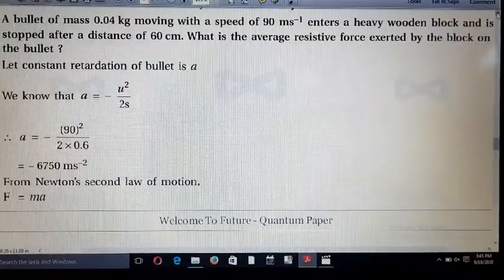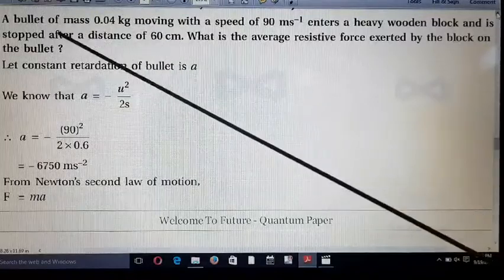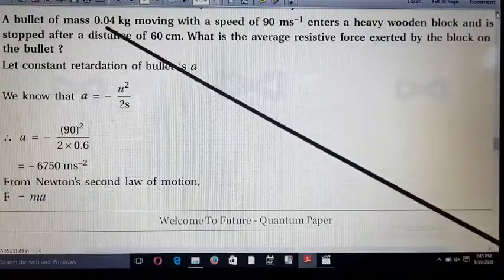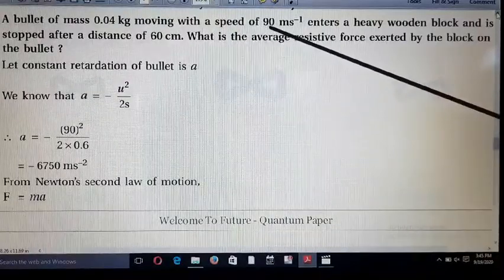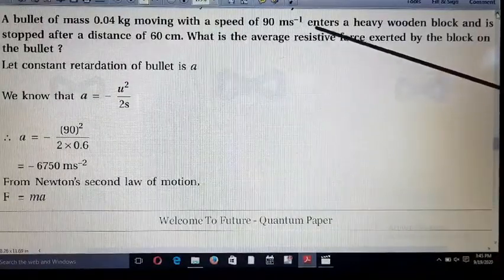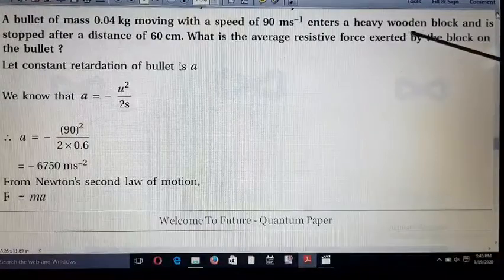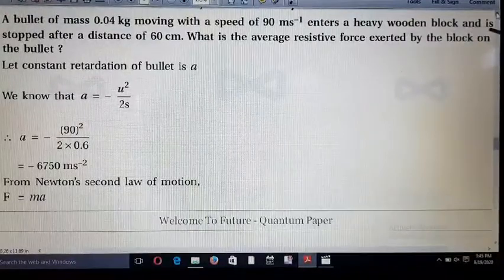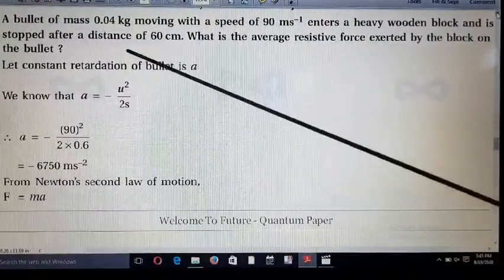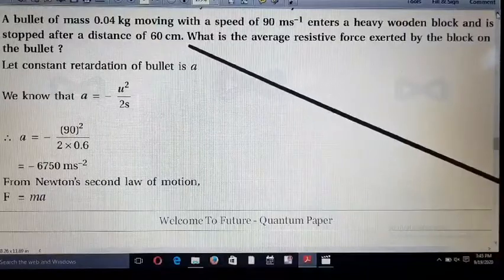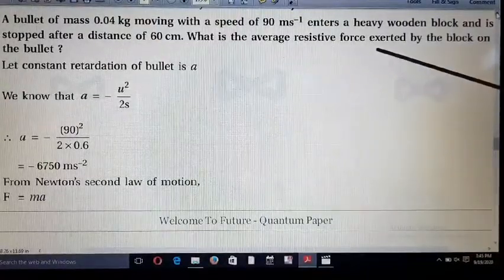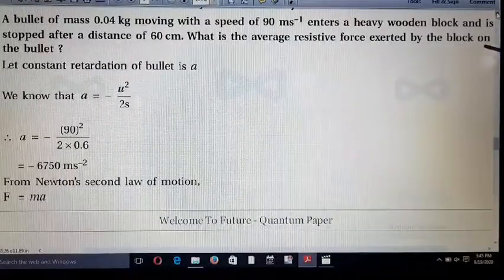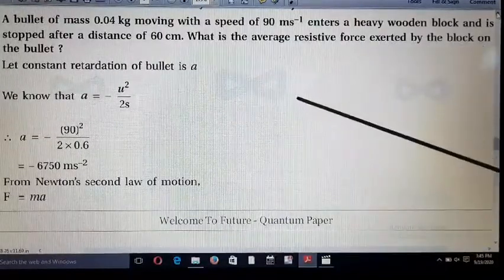Next illustration. A bullet of mass 0.04 kg moving with a speed of 90 meters per second enters a heavy wooden block and is stopped after a distance of 60 centimeters. What is the average resistive force exerted by the block on the bullet?